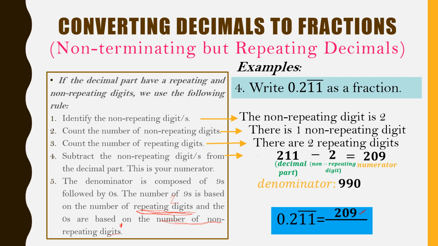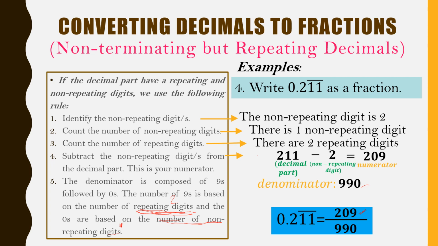So when we combine those two, we will obtain 990. So that is the equivalent of 0.211, wherein 11 is the repeating decimals. Were you able to get that?